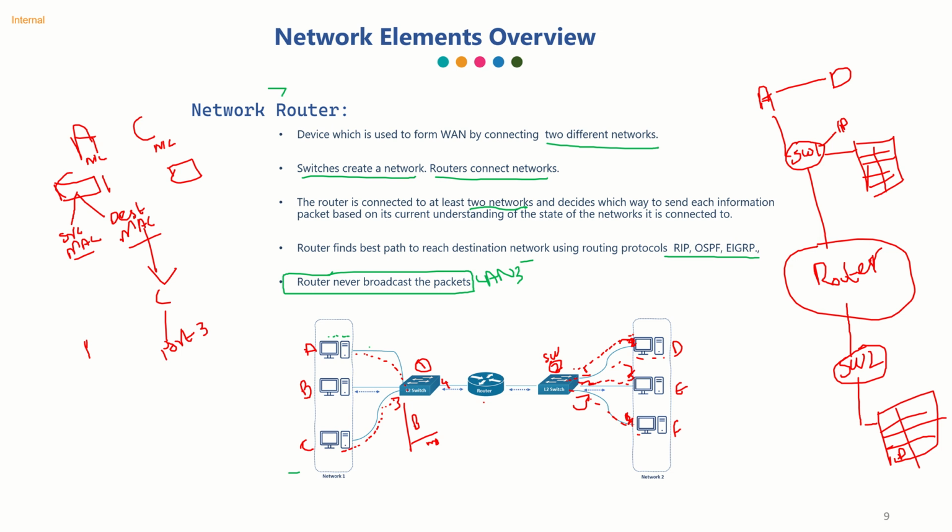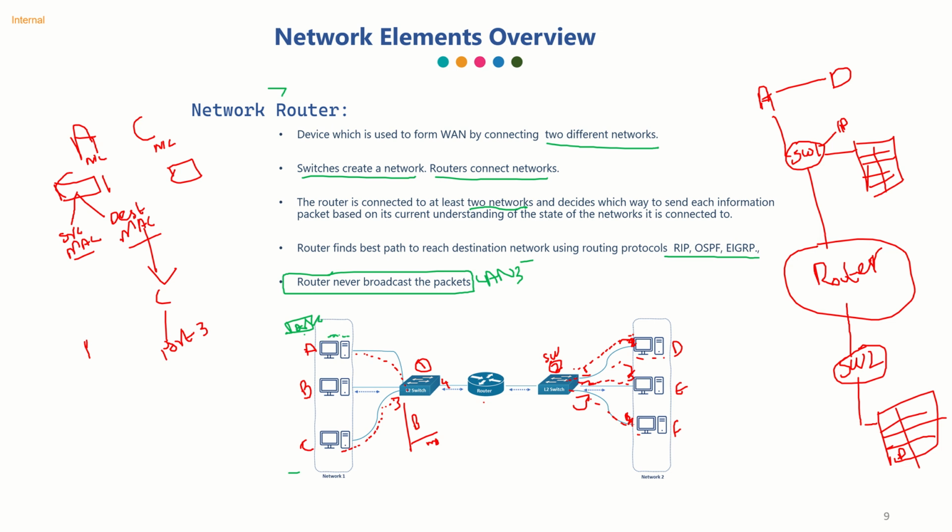So what is router never broadcast? I said, right, switches have the capability to do the broadcasting. So let's say that A says, I want to send this particular packet to everybody. Let's say this packet is broadcast data. It says it is a broadcast. I want to send it to anybody, everybody.